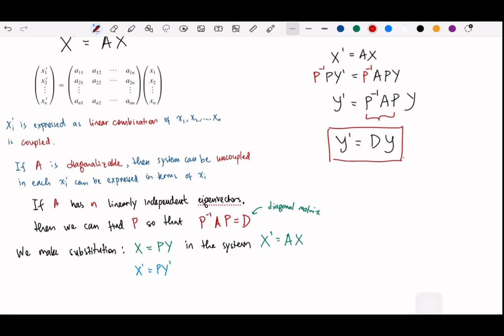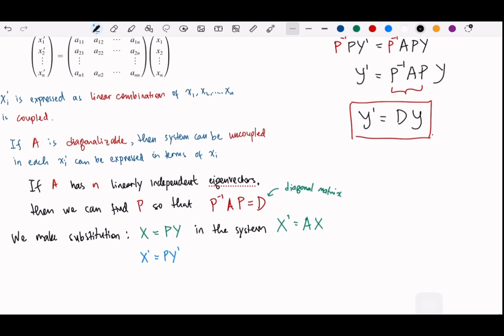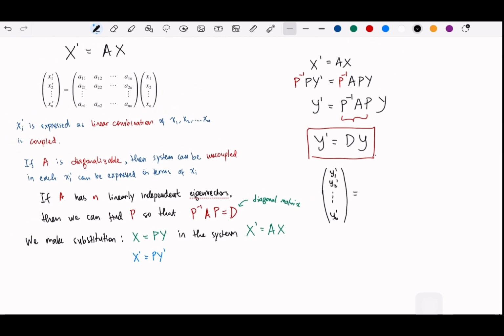Now if we break down the matrix, this will be y1 prime, y2 prime, dot dot dot, yn prime equals. Now if you remember, the D is actually our eigenvalues in the diagonal matrix.